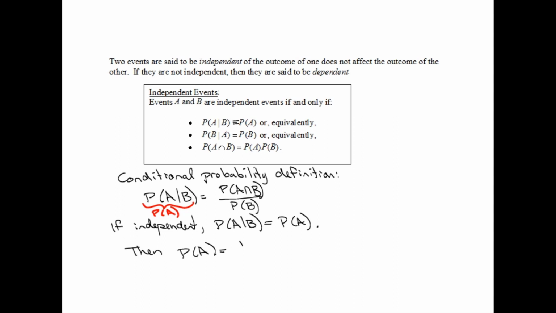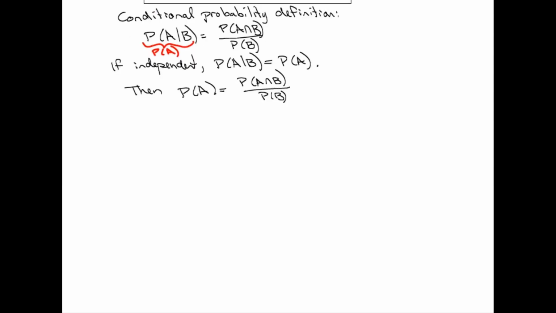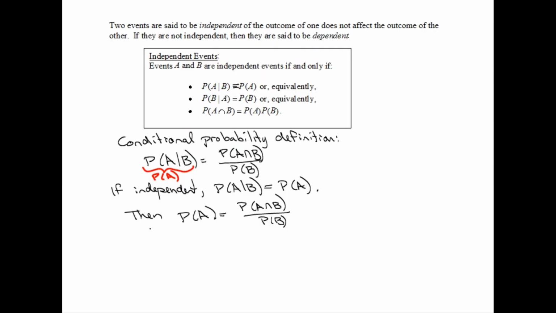P of A is equal to the probability of the intersection divided by the probability of B. And now if I multiply both sides by that denominator to clear out my fractions, then I end up with probability of A times probability of B is equal to probability of the intersection.